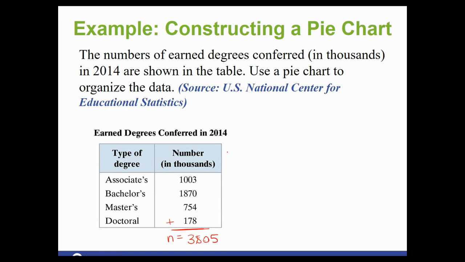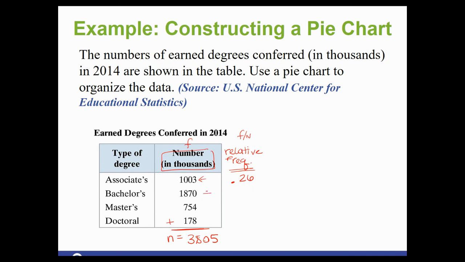So in order to make a pie chart, we need our relative frequency. That is the F over N. Each one of these numbers in thousands are our F values. So for the first row, we take the 1,003 divided by our sample size, 3,805, and we're going to round our decimal to 0.26.